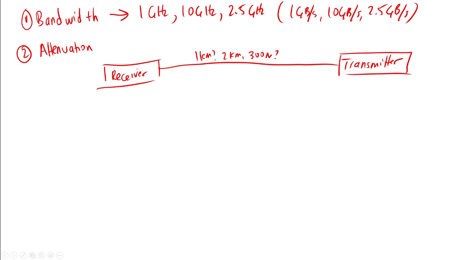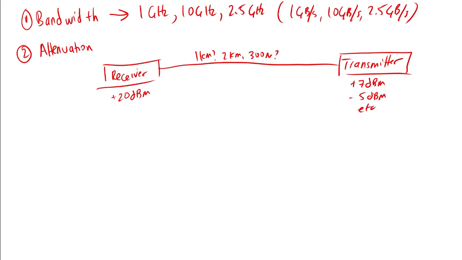And then our transmitter has a certain power. So let's say it's plus 7 dBm, or it might be negative 5 dBm, etc. And our receiver has a sensitivity, so maybe it's plus 20 dBm.